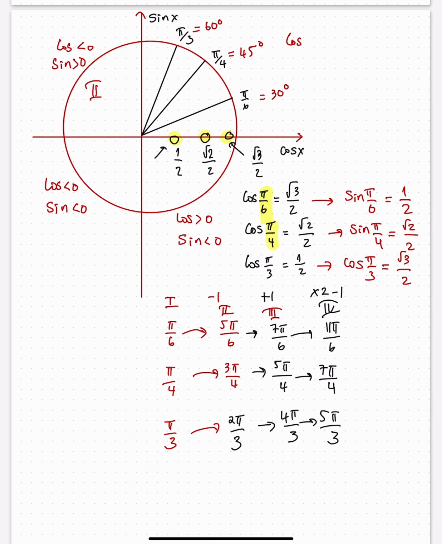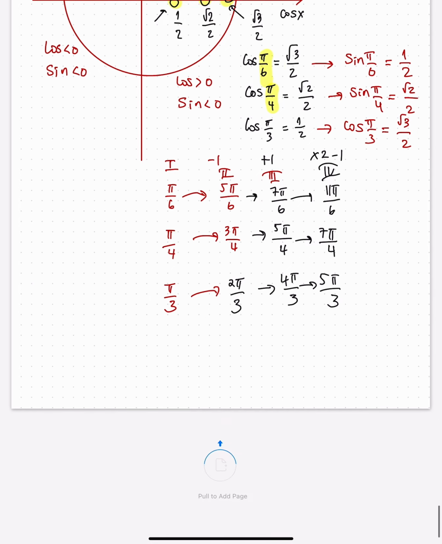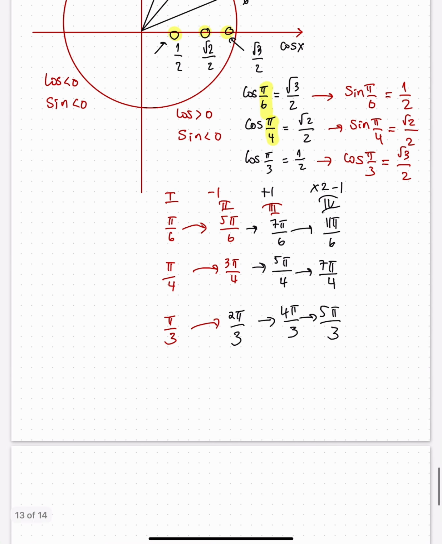For this, I told you that cosine pi over 6 equals square root 3 over 2, and cosine pi over 4 equals square root 2 over 2, and cosine pi over 3 equals what? Equal 1 over 2.